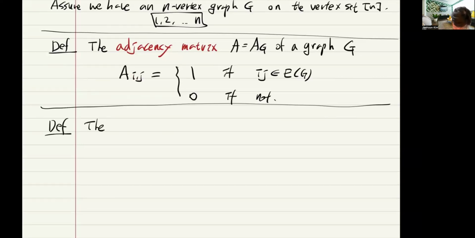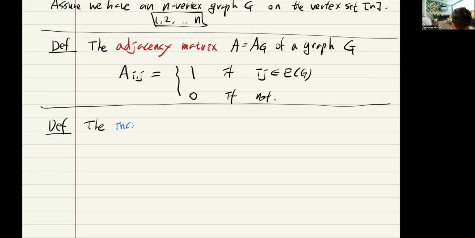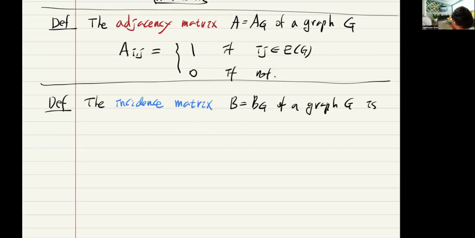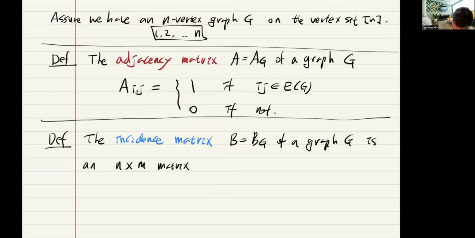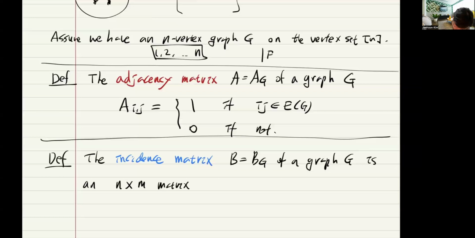Okay, let's define other matrices as well. We can also define the incidence matrix. Let's write B of G, which is an n by m matrix, where we say the number of edges in G is m.